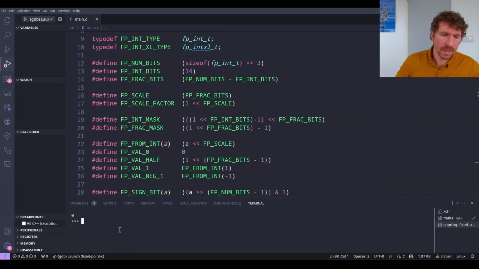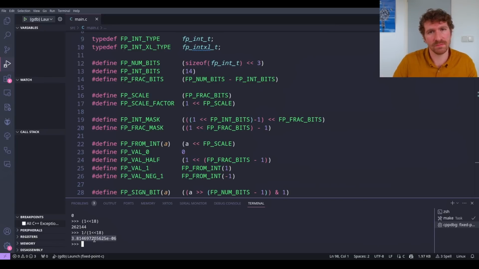So what do we do? Well, take something like Python. In this case, we have 18 fractional bits, so 1 shifted up by 18. This is our maximum number. If we take the reciprocal of this, 1 divided by this, this should represent basically 1.